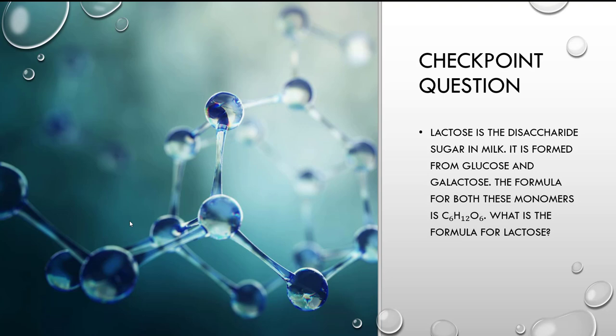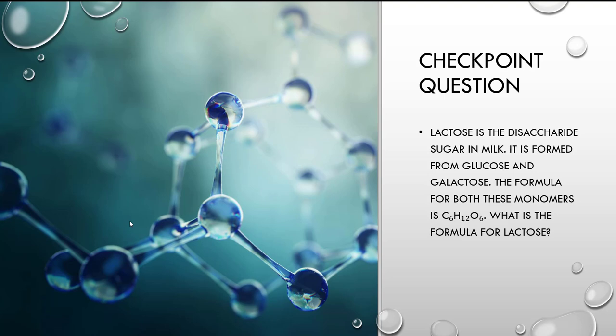The formula for both of these monomers is C6H12O6. So what would be the formula for lactose then? So if we're bringing together two monomers, both of them have 6 carbons, 12 hydrogens, and 6 oxygens.